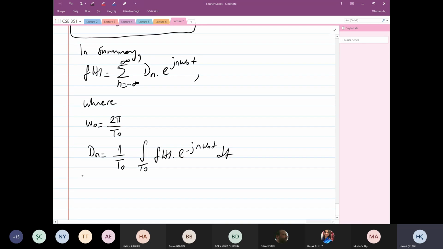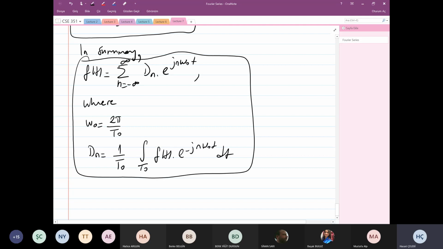So this is the thing that you need to remember, guys, which is the exponential Fourier series.